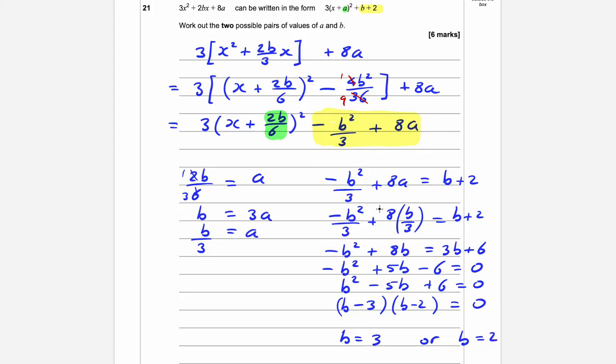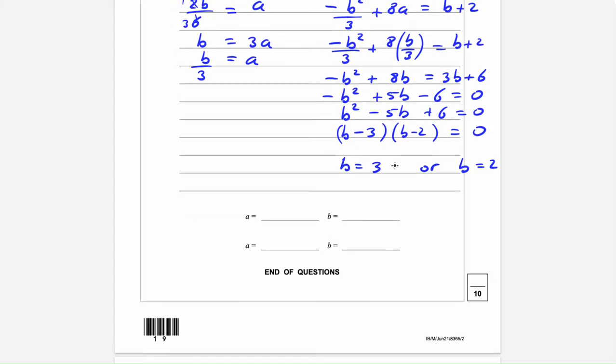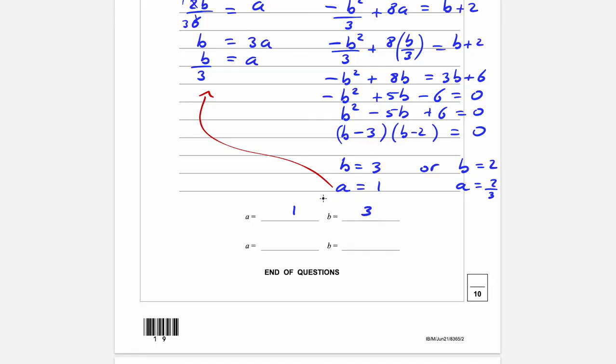So my pairs of solutions are, when b equals 3, a equals from here, a is b over 3. So 3 divided by 3 is 1. And when b is equal to 2, a is equal to 2 divided by 3, which is just 2 over 3. So my pairs are 1 and 3, or 2 and 2/3.